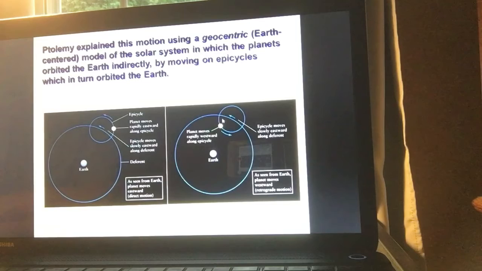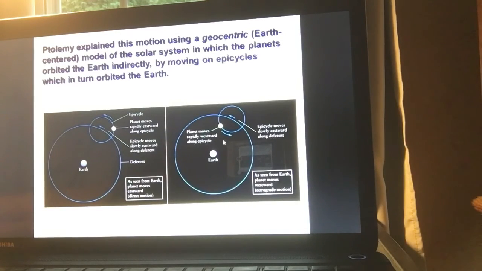On the other hand, if the planet comes to this part of the epicycle, the epicycle itself is moving this direction. But notice that the epicycle moves slowly eastward along the deferent, but the planet moves rapidly westward along the epicycle. So if you add these two motions together, as seen from Earth, the planet is going to move westward because this is more rapid and this is more slow.